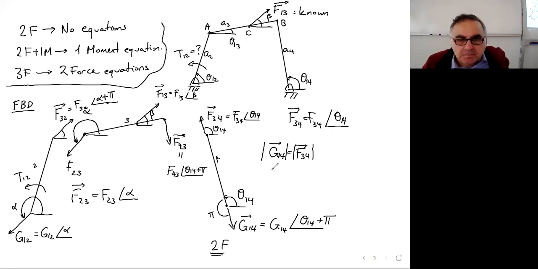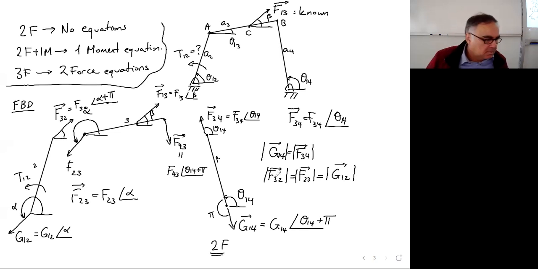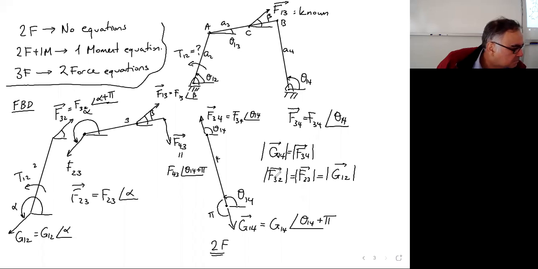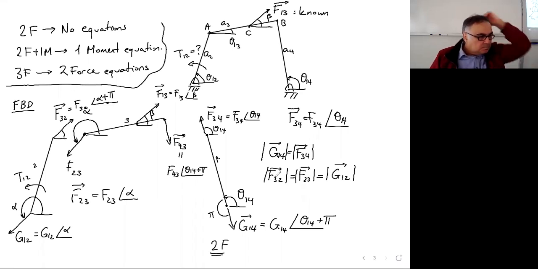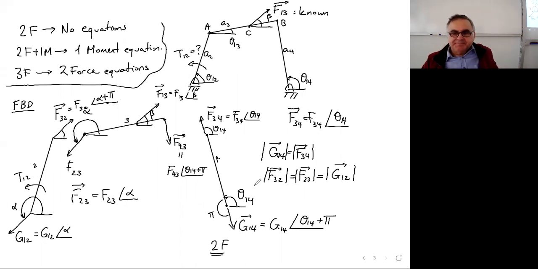F13, F32 is equal to F23. F23 is equal to G12. Okay. And then that's all actually.